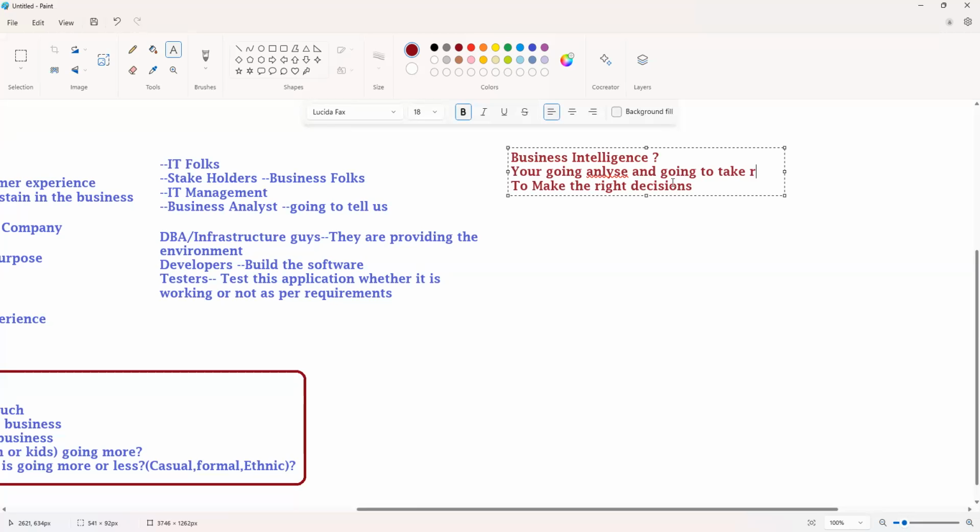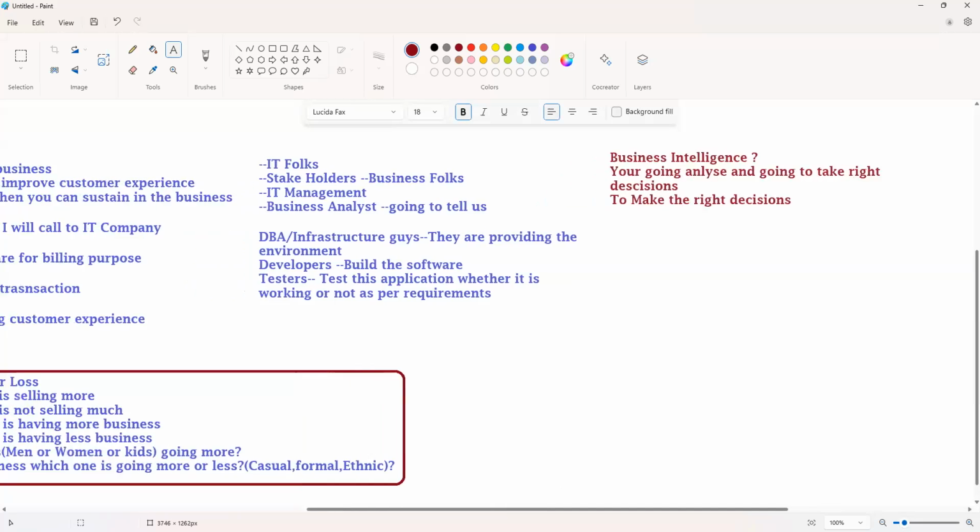Any business wants to take right decisions. So are you clear until now? You are going to use business intelligence to make right decisions. But what if you don't analyze it?